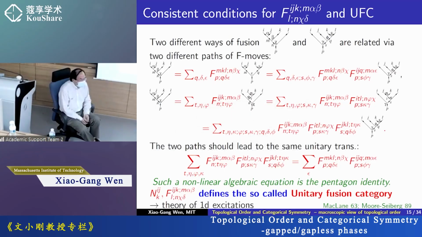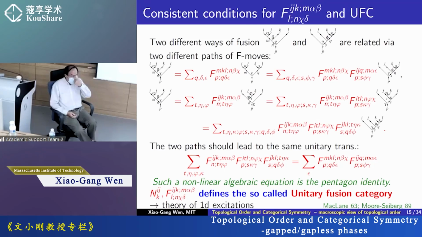Even for the simplest case, look at how many labels we have. This F symbol has 10 labels, and each label has a range of 2, so that would be 1,000 unknowns. This equation also has a lot of free indices, and if each index has a range of 2, maybe 10,000 equations. So there are 10,000 nonlinear algebraic equations with 1,000 unknowns. It's overdetermined, even for the simple case, and almost impossible.